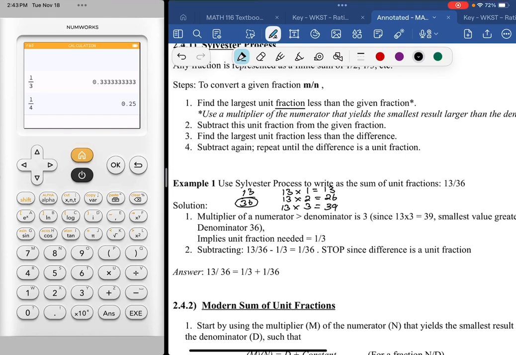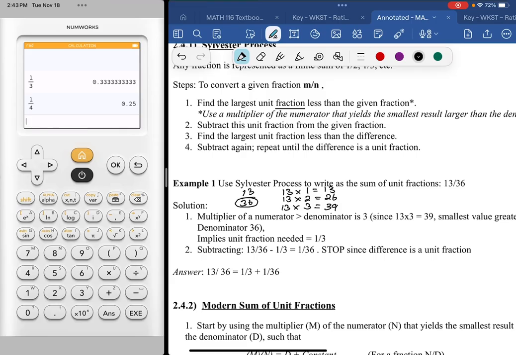All right. So we're actually trying to find a fraction that's smaller than the unit fraction associated with 13 over 36. The 36 being the key part of this.